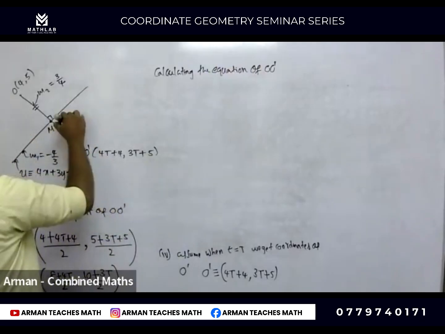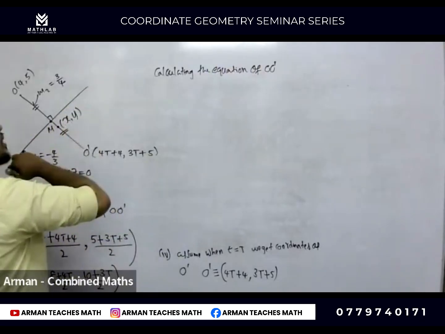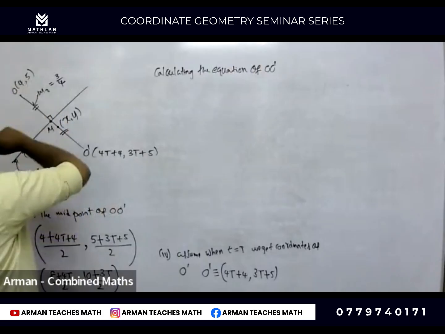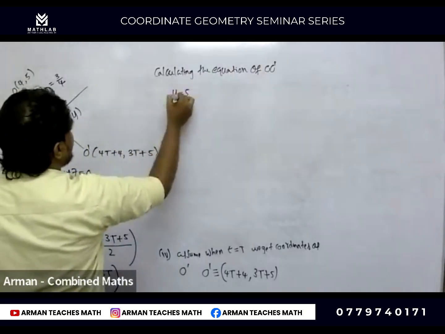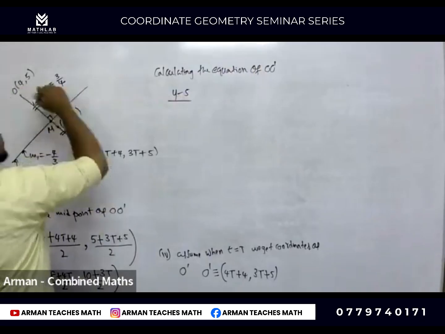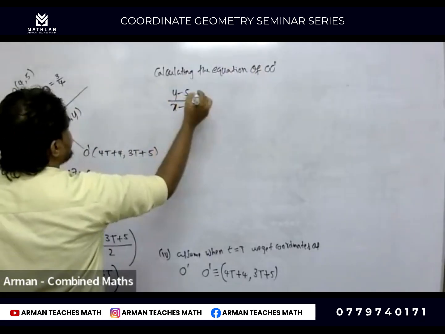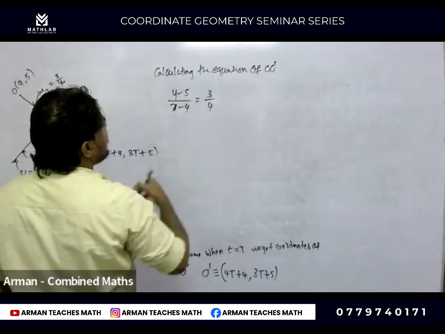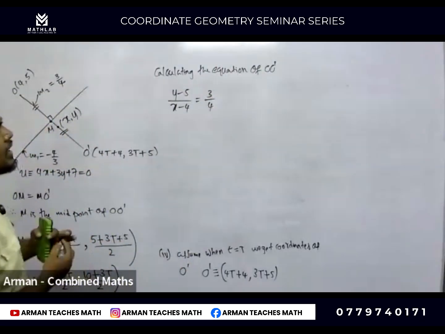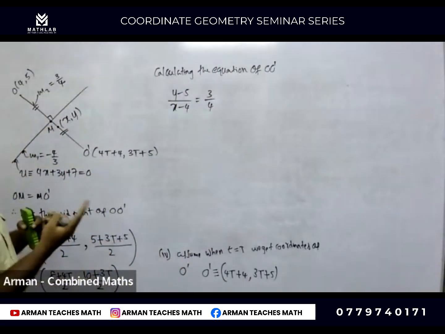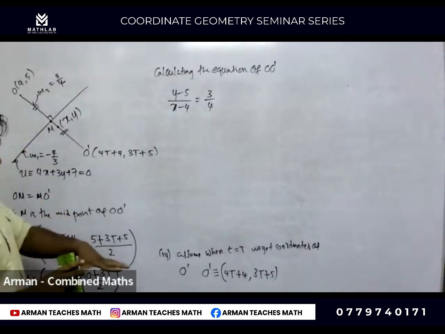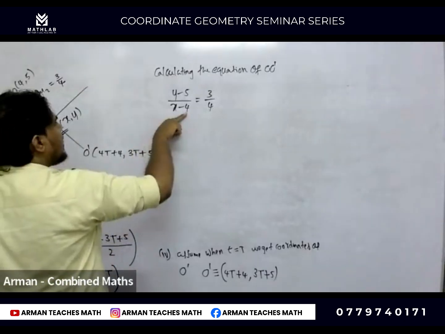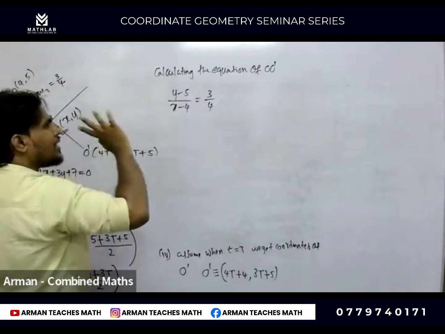How to find the equation of a straight line segment? Consider a general point on the straight line segment as x comma y. The gradient using the general coordinates and a known point: y minus 5 divided by x minus 4 is equal to the gradient 3 over 4. What I'm doing is finding the equation of OO dash, not the parametric coordinates, okay? When we find the parametric coordinates, we do a special cross multiplication.